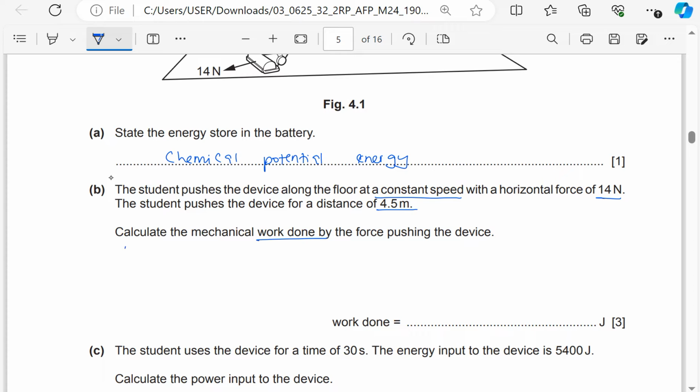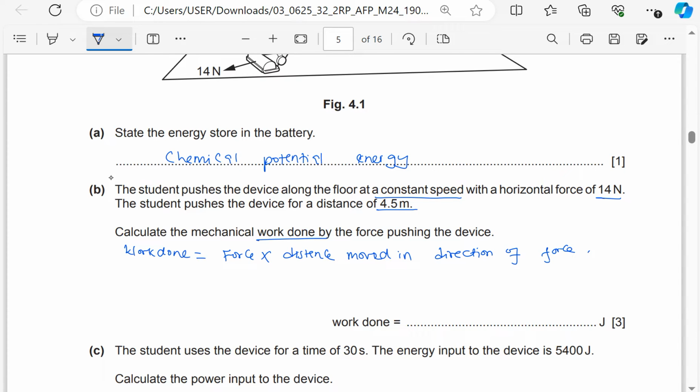We know that work done is the same as the force times distance moved in the direction of the force.